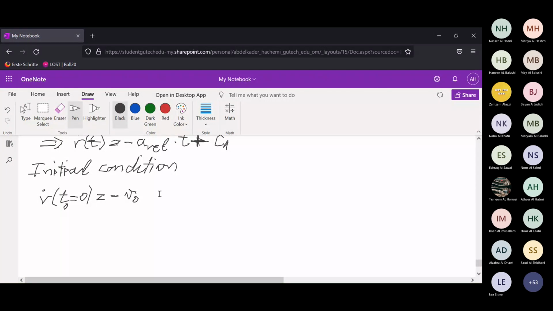Then we can get from this equation that C1 is equal to minus V0.